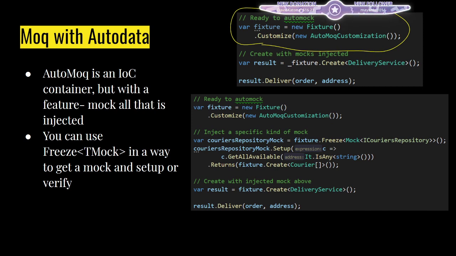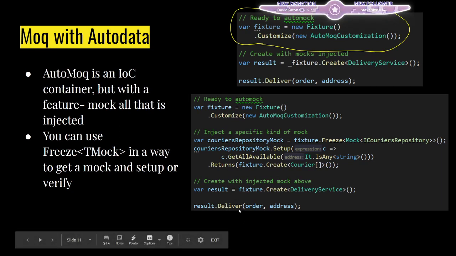Therefore, I can do normal mocking with Autofixture, or basically indirectly. So freeze the mock will return the mock, and then we can set it up the normal way. And I can even use Autofixture to create the value that the mock returns. So another benefit.